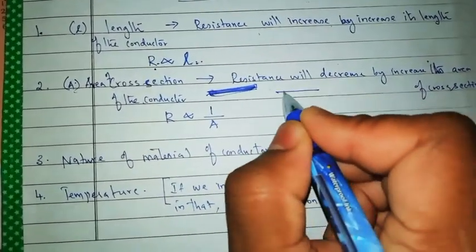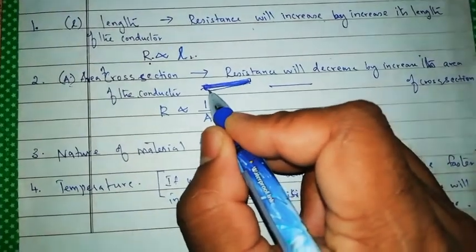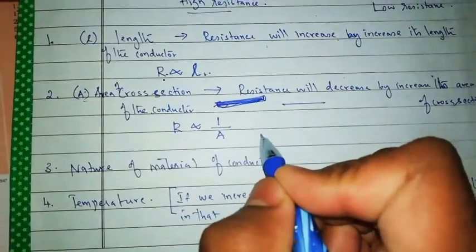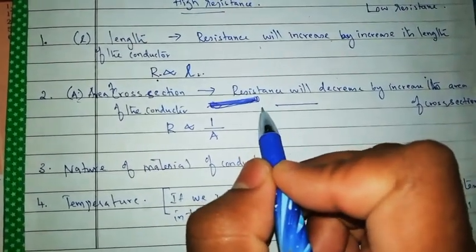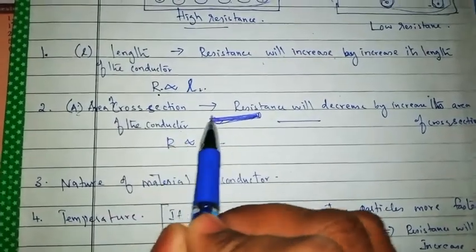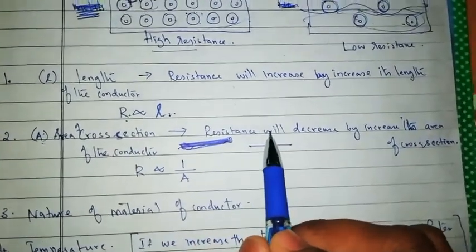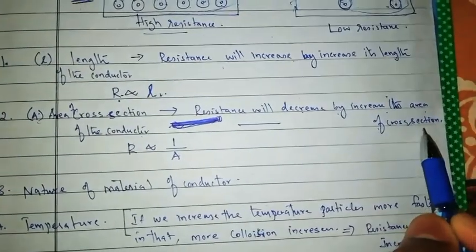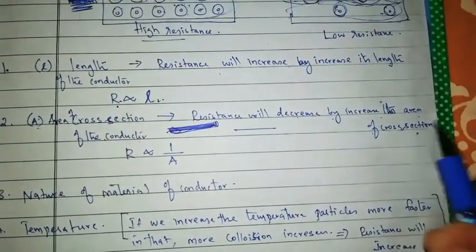First I take a very thin wire and the second one is a very thick wire, right? So the area of cross section is increased. When the area of cross section of the conductor increases, the resistance will decrease. So how can I say that?